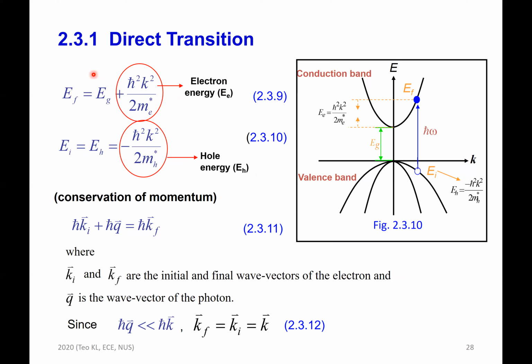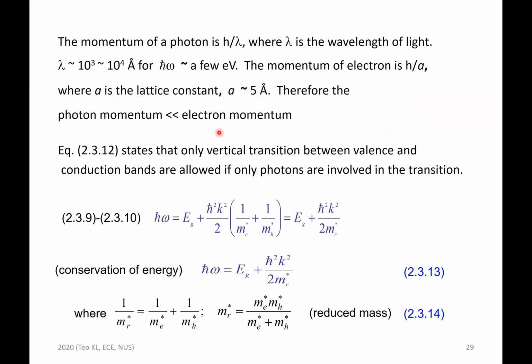You can factor out the h bar squared k squared over 2, and then the 1 over me star plus 1 over mh star, we define this as the reduced mass. So 1 over mr star, where mr star is the reduced mass, equals 1 over me star plus 1 over mh star. And you can calculate the reduced mass.